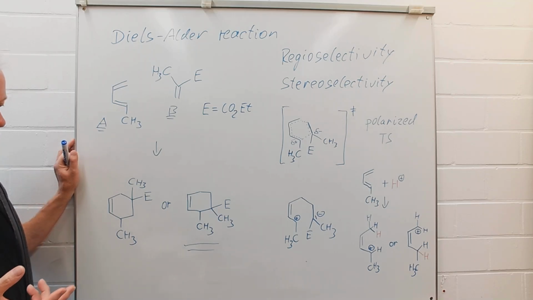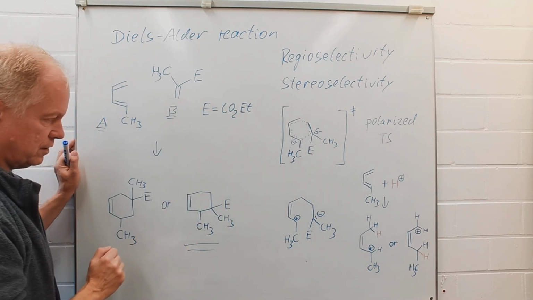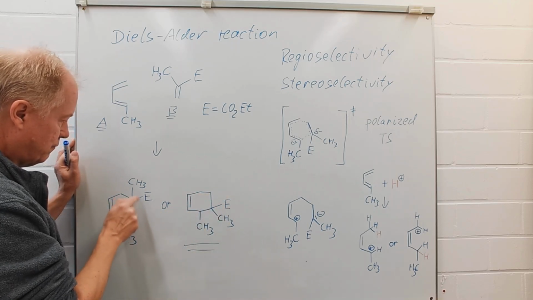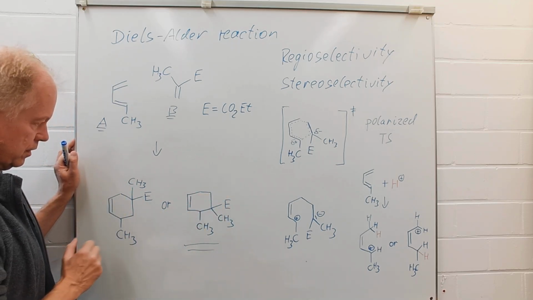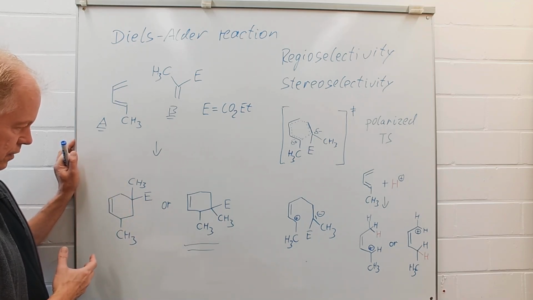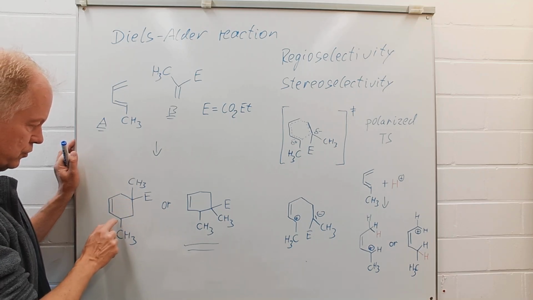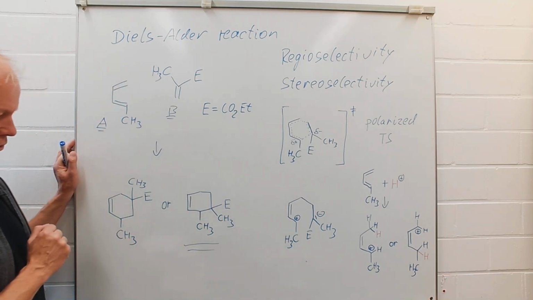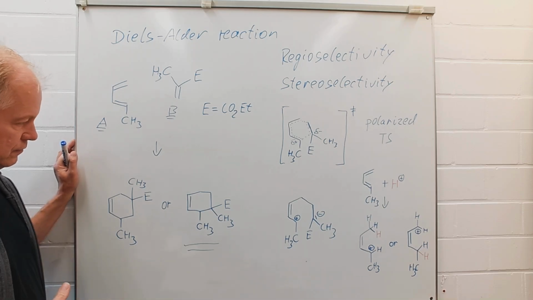In addition, of course, we have also a problem of stereoselectivity. How are those substituents situated? What is the configuration at those chiral centers? Well, this we will discuss later on in the next video.